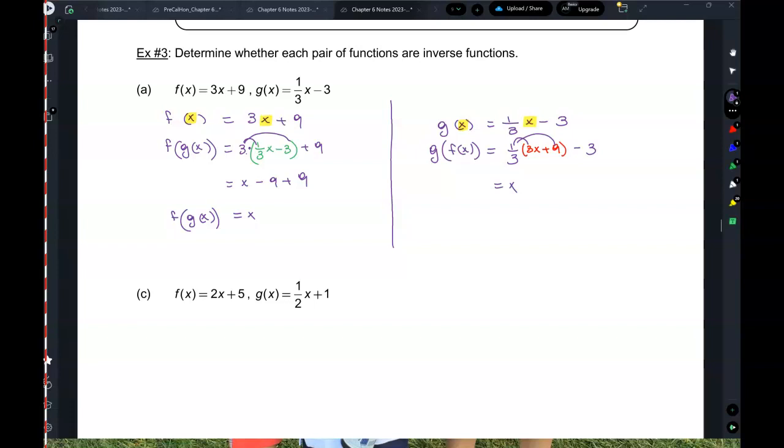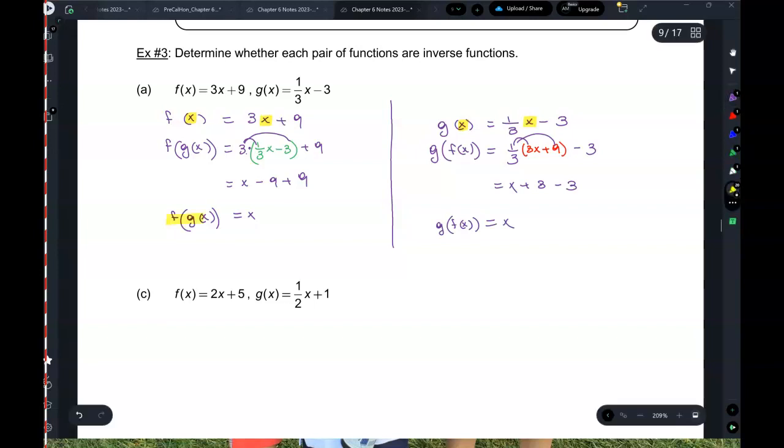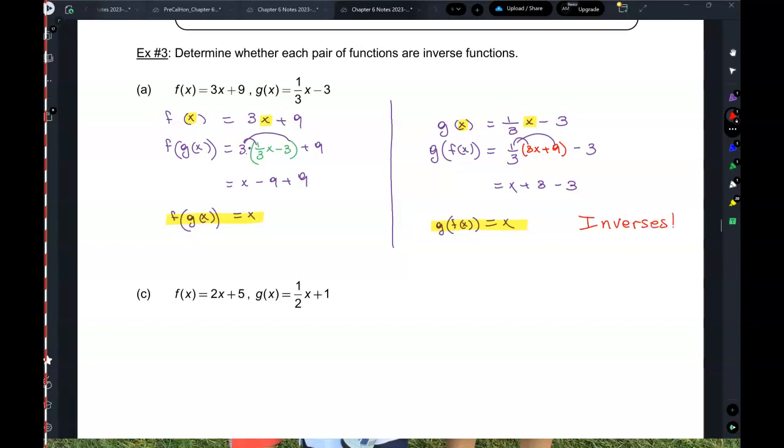Why did we put in 3x plus 9? Because that's on the left, right, that's f of x. Okay, so now look. That gives you a 3 plus 3 minus 3. So what's g of f of x? x. Oh my God, that's magic. I did f of g of x, I got x. g of f of x, I got x. That means both of these are inverses.